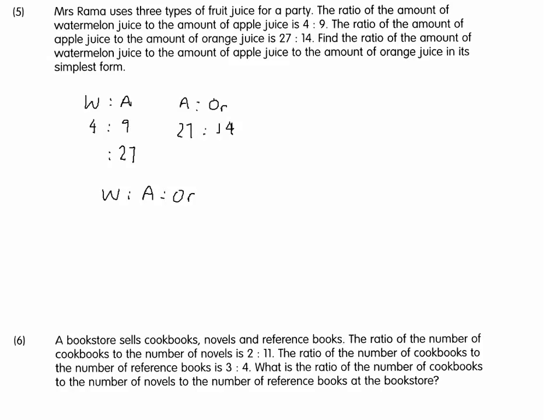Times 3, and what do I get? Okay, Sky, tell me what's the final ratio for our 3 items? 12 to 27 to 14. Can I simplify it? No, right?